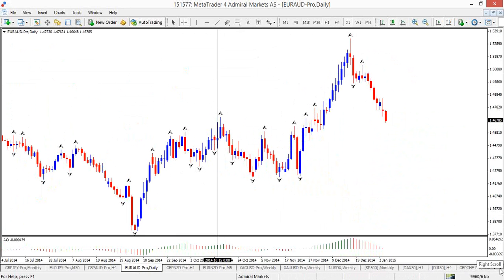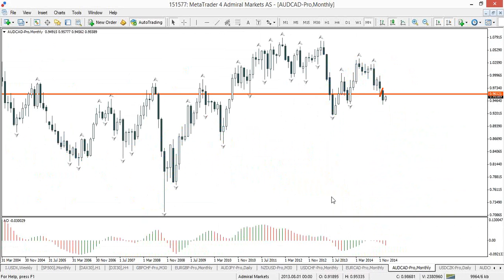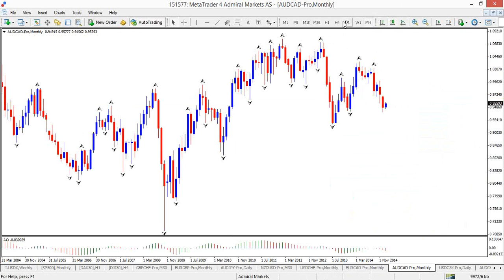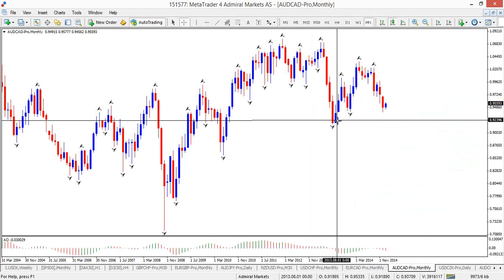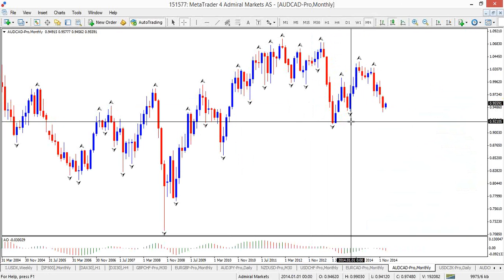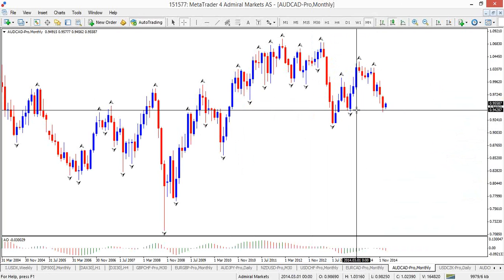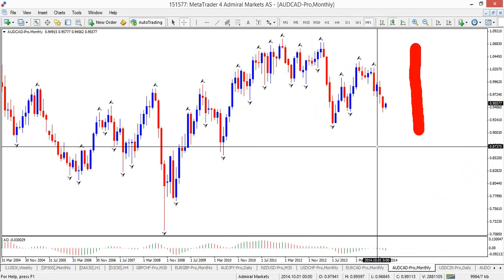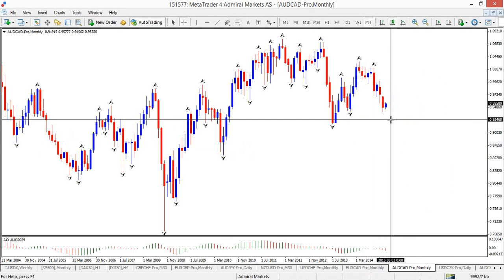Let's take a look at AuCAD. Alrighty, AuCAD. Okay, open here and close pretty much the same spot. So it's a doji, but it's a doji with a big wick at the top and almost no wick at the bottom. So I would say pretty substantial bearish pressure, and it definitely looks more bearish.